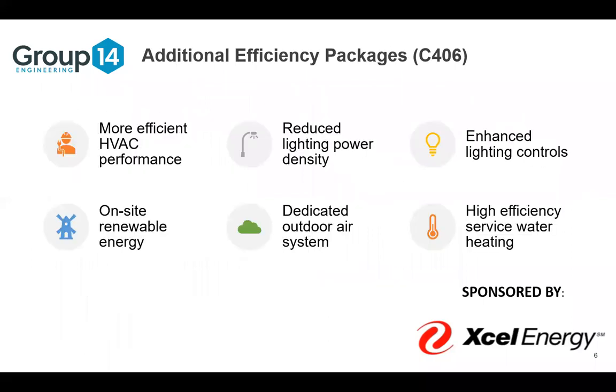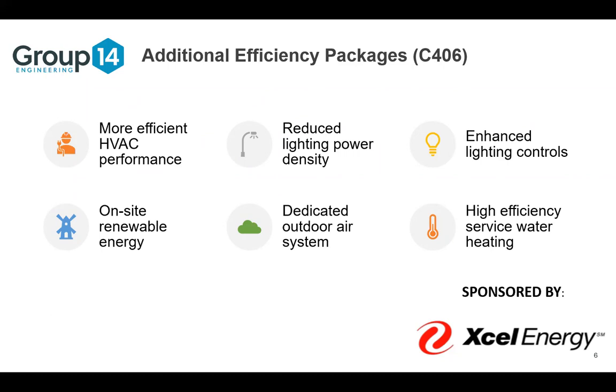And then those energy efficiency packages: the more efficient HVAC performance, on-site renewable energy, reduced lighting power density, the dedicated outdoor air system option, enhanced lighting controls, or high efficiency service water heating.